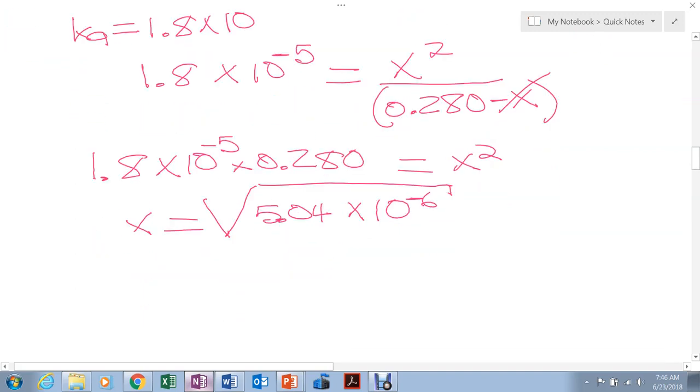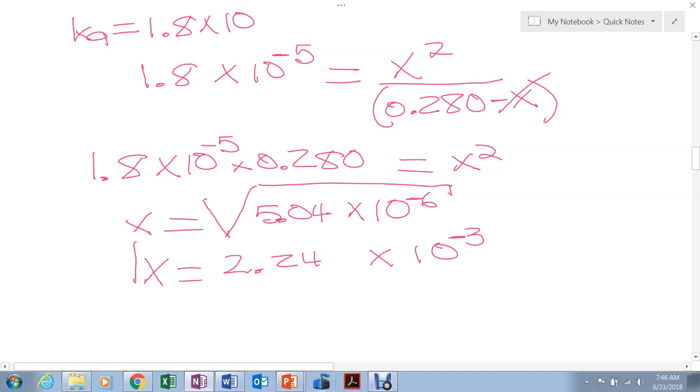Yeah, but I drop it because this is negative 5 and this is a big concentration. If it was 0.002, then we cannot drop it. So this is going to be 2.24 times 10 to the negative 3. This is the value of x.